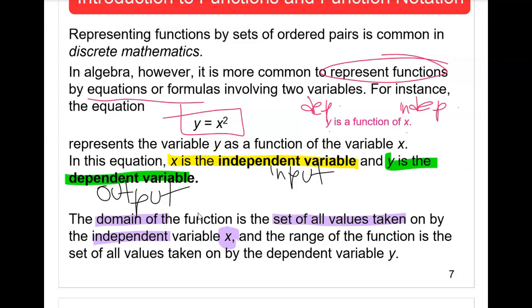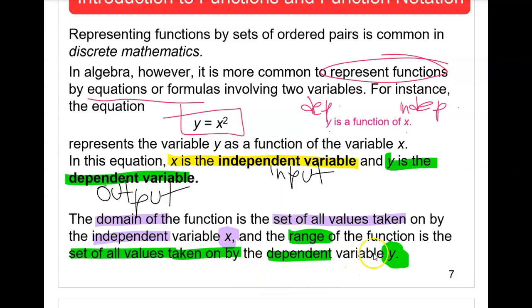And the range is the set of all values taken on by the dependent variable, which we have already been talking about calling y most of the time. Now, not all the time.